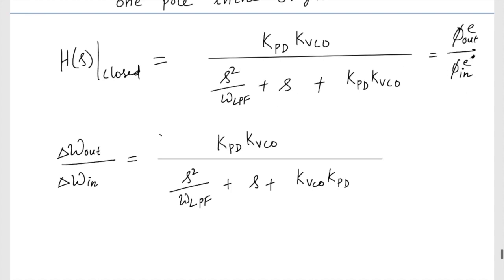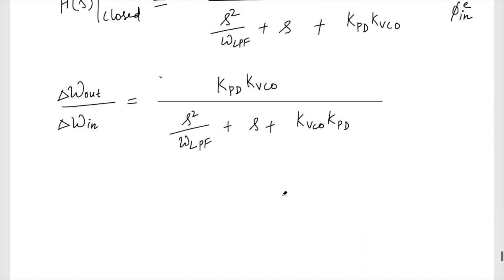Whether it is the change in the phase out by change in the phase in, or the change in the omega out by change in the omega in, because they are linearly related, the transfer function remains the same. From now onwards, let's just call this HS.